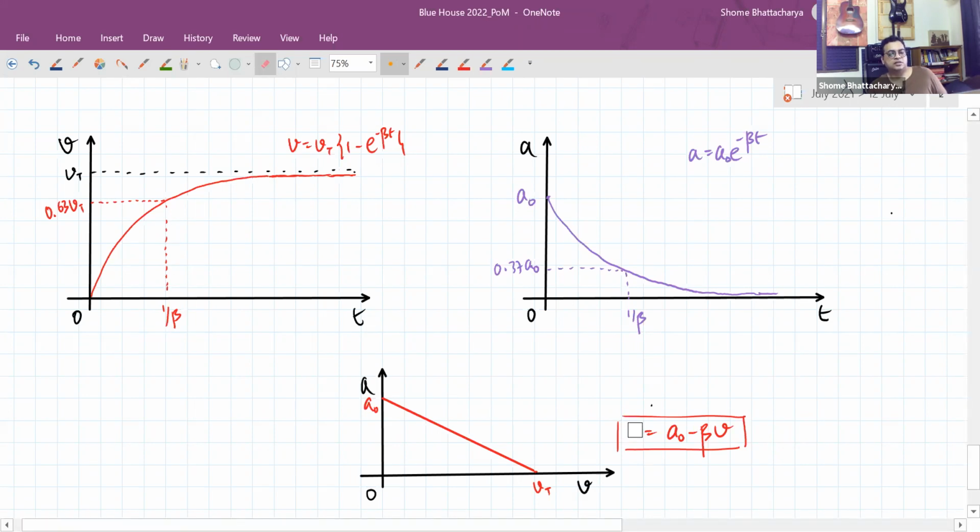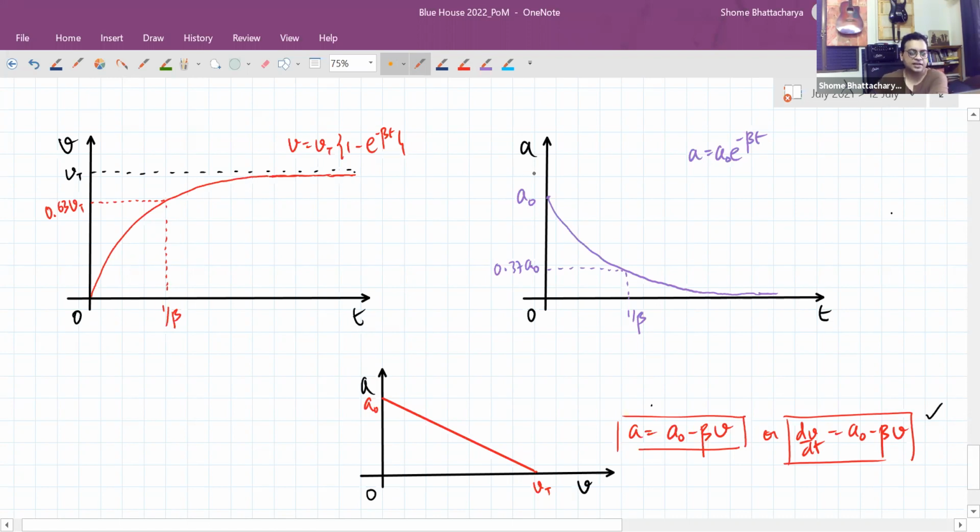Or as a differential equation, this becomes dv by dt. So whenever we have this kind of a condition, that the rate of change of v with respect to time is linearly decreasing with v, then always we will have this kind of kinematics. Okay?